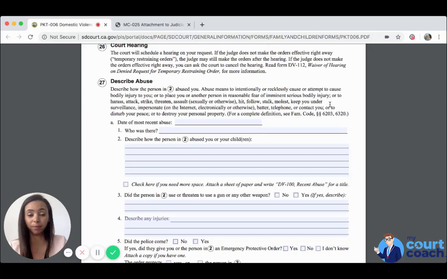So, for example, keeping under surveillance, right? You can say that on February 3rd of 2019 at around 2:30 p.m., the respondent, or the restrained party, kept me under surveillance by being across the street in his car watching me get out of the house.